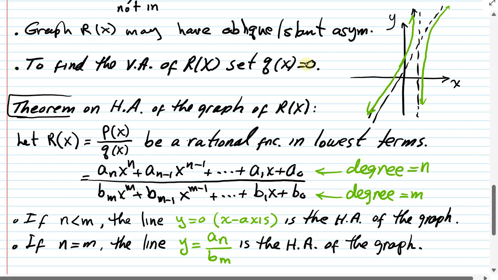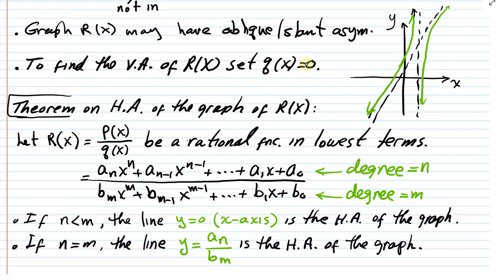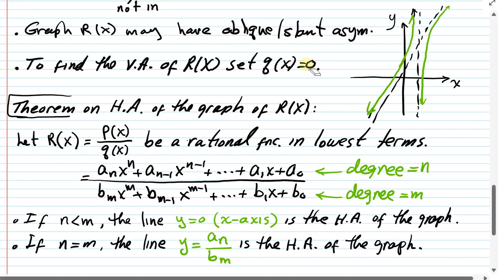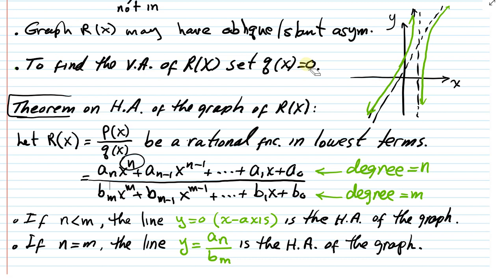Use a's for the coefficients of the numerator and b's for the denominator, not necessarily leading. These are all the coefficients for top and the bottom. So we have these two polynomials. Now the degree of the polynomial in the numerator is n. That's the highest degree term on top, coming from the leading term. The degree of the polynomial on the bottom is m.